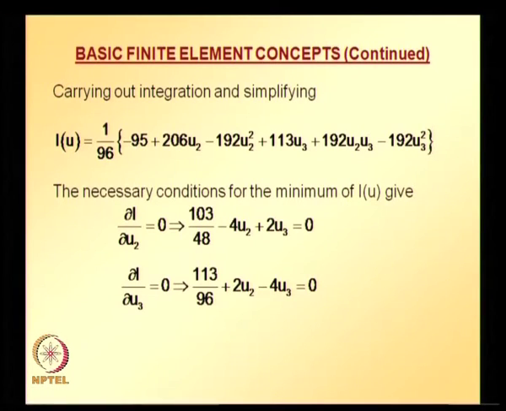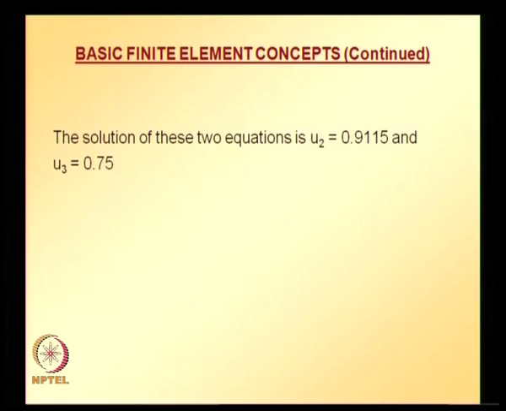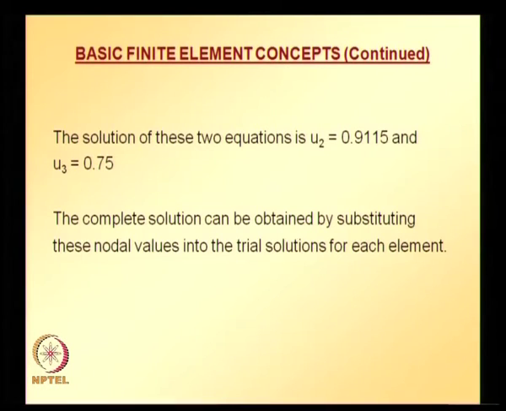Two equations, two unknowns, to solve for u2 and u3. The solution of these equations gives u2 equal to 0.9115 and u3 equal to 0.75. And once we get these two nodal values, we can go back to each element; the complete solution can be obtained by substituting these nodal values into the trial solution for each element.